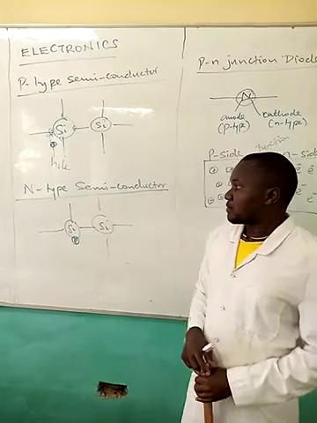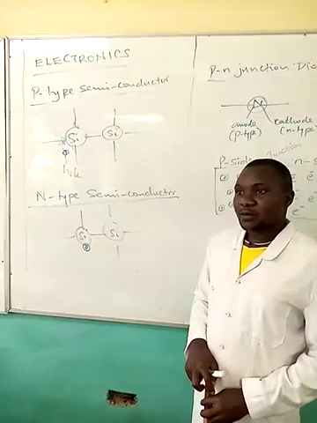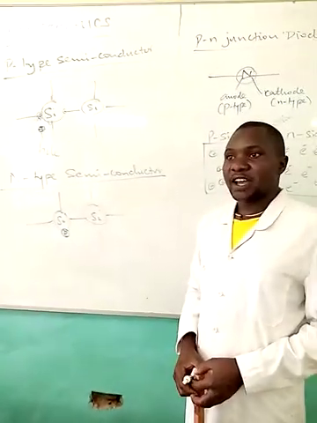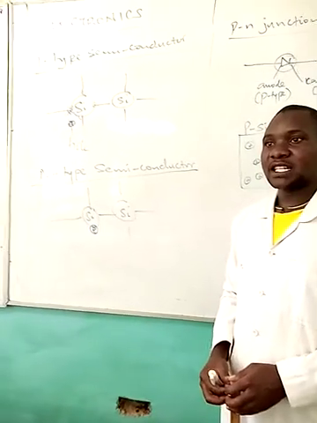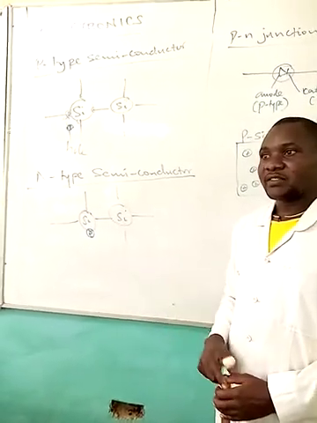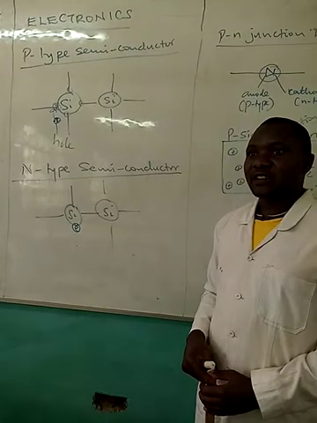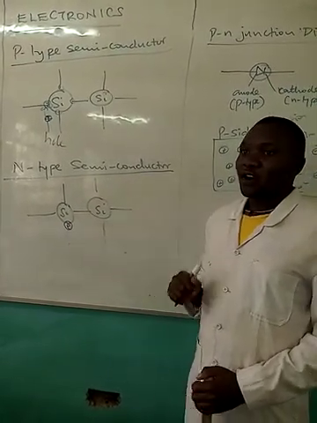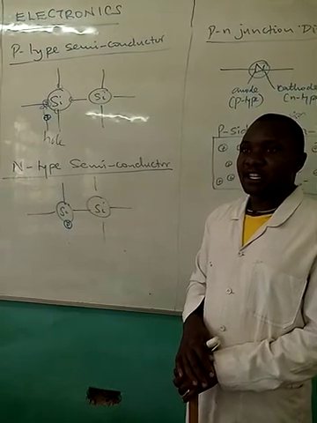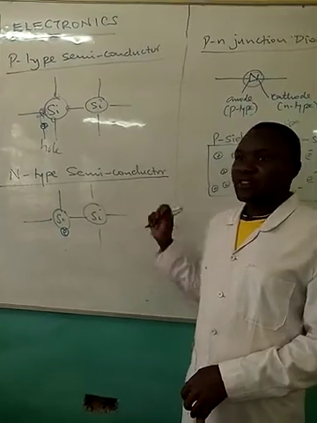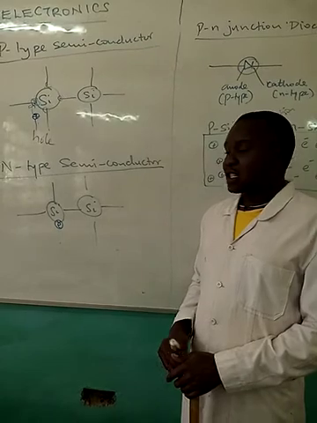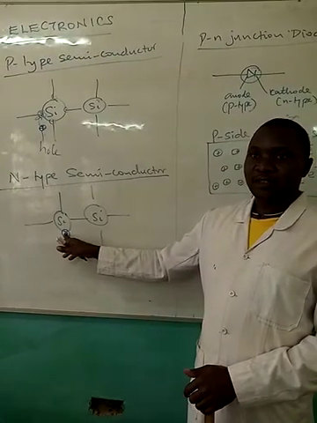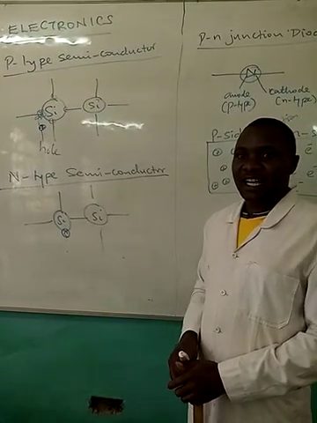What about N-type semiconductor? N-type semiconductor is formed when we dope with a group 5 element, which we call pentavalent atom. Take any pentavalent atom, meaning an atom that has 5 electrons at the outermost energy level. Because silicon needs 4 for bonding to complete its outermost energy level, 4 of the 5 electrons in the pentavalent atom will be used in bonding, leaving an extra electron.